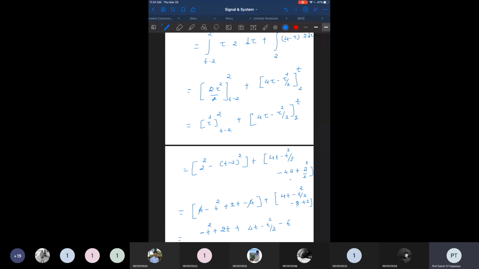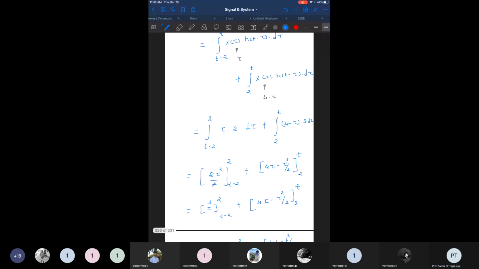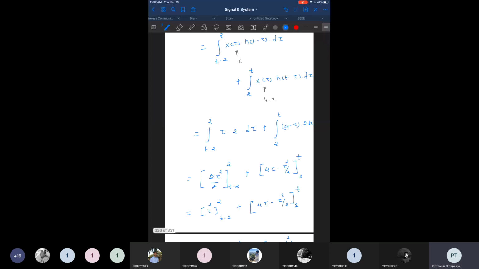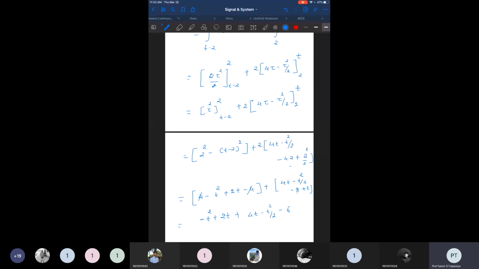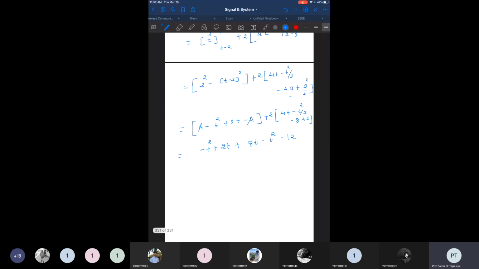I mean, there is again some mistake. Yeah, this one is again 4t. Sorry, that is the 4t. Okay, so plus 12t, and then this is minus 12. So this is the final answer, minus 2t square plus 12t minus 12. That is the final answer.